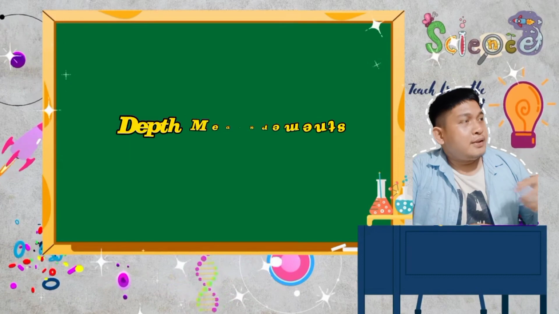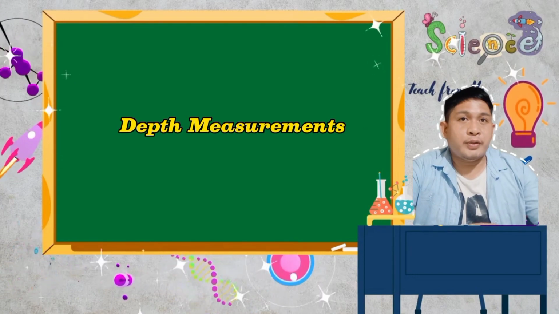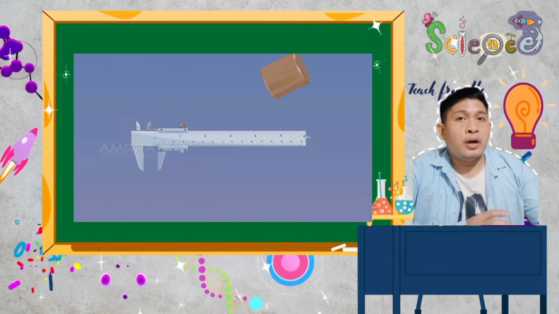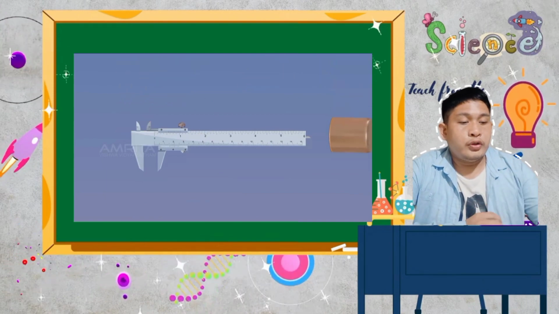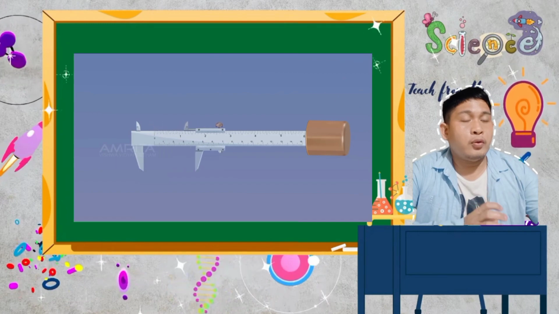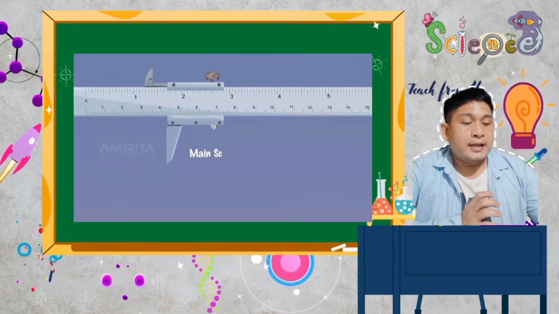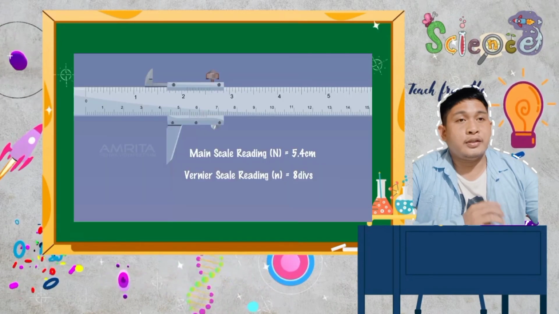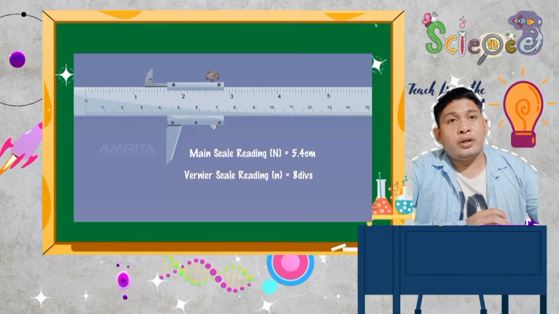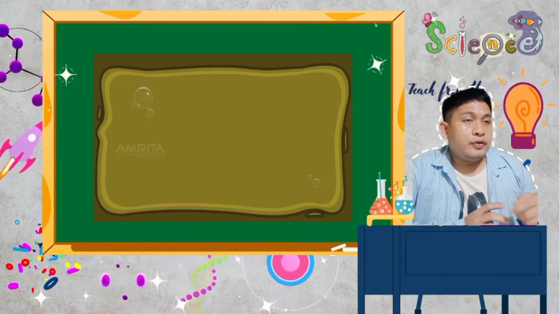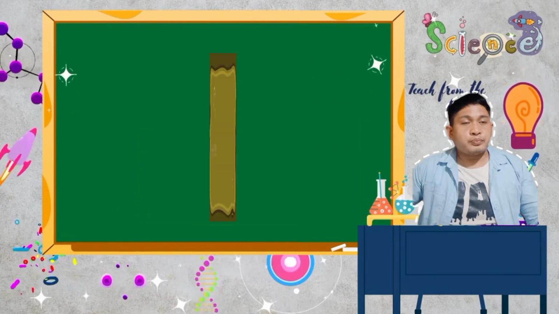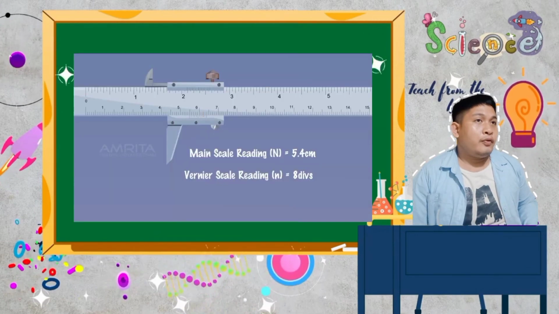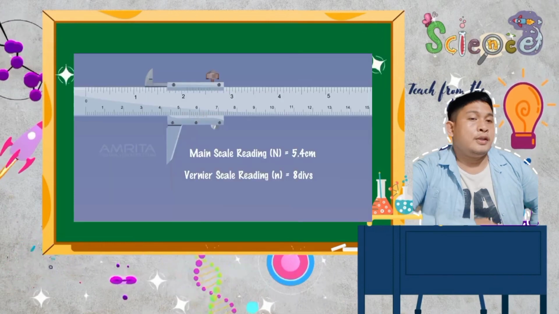So next is the depth measurement. We'll measure the depth of a workpiece. I will have an example for you guys, the depth of a beaker. On the main scale we have 5.4 centimeter, and on the Vernier scale we have 0.08 centimeter.